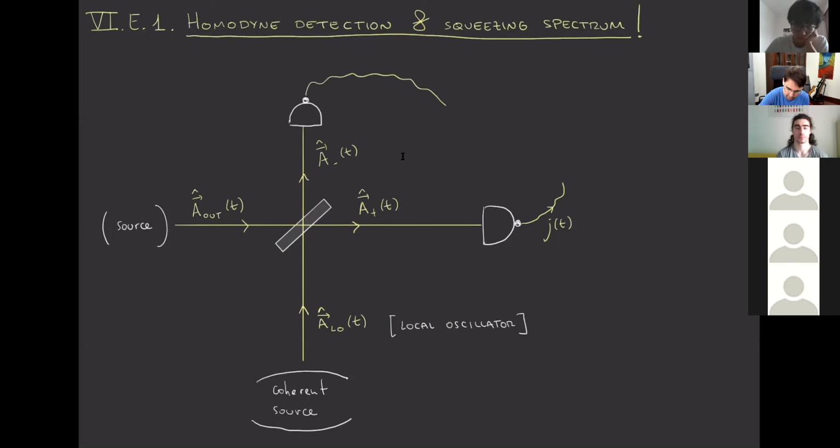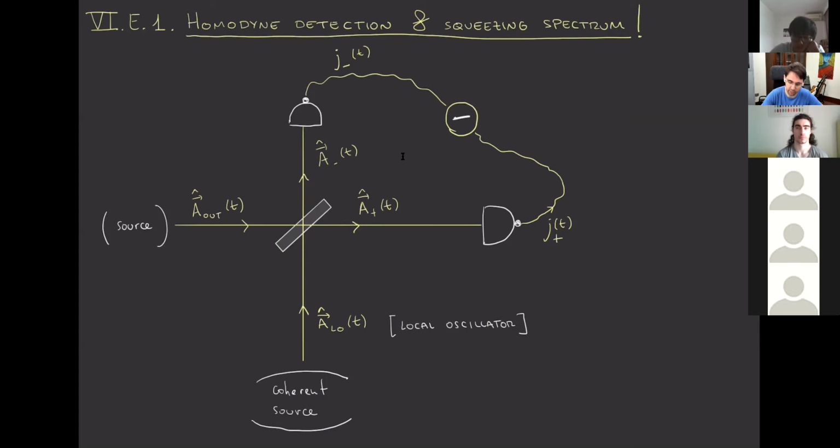So now what we can do is process these two signals instead of only one. We will call the corresponding photocurrents J minus and J plus. And then we combine them in a subtractor, okay?